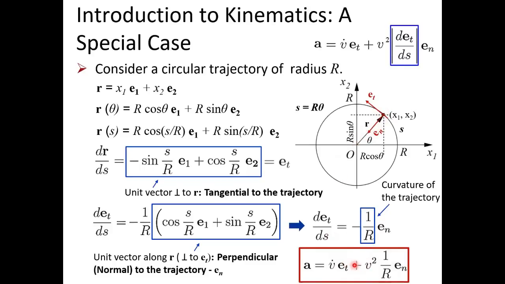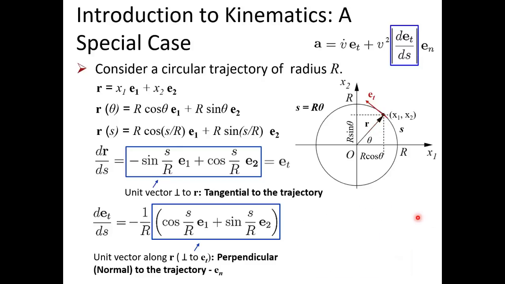Otherwise this becomes minus if it is radially outwards, so it is radially inwards. And this whole part of the acceleration, the radial acceleration, is associated with the quantity dEt over dt.